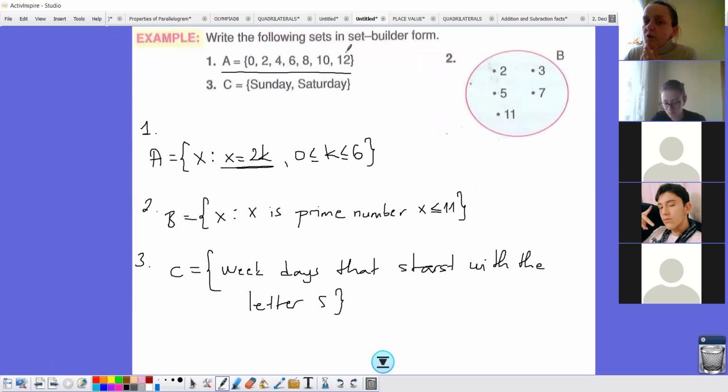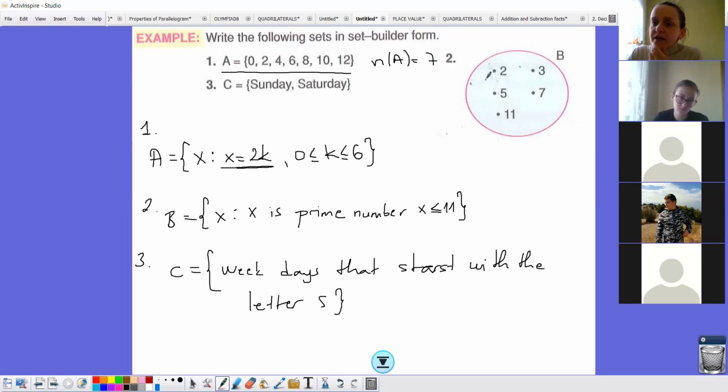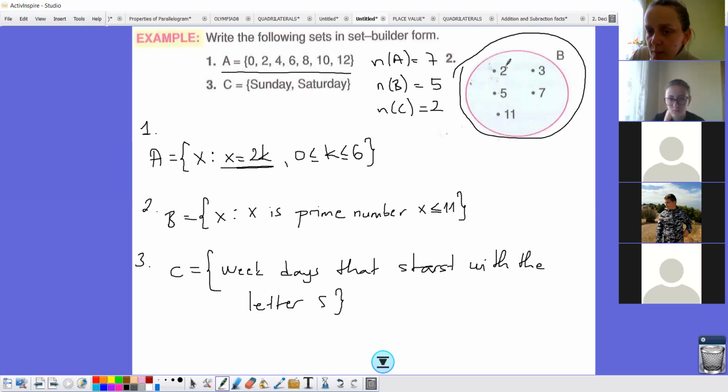For example, here, how many elements do we have in A? 1, 2, 3, 4, 5, 6, 7. So the number of elements of A is 7. In B, how many elements do you have? 1, 2, 3, 4, 5.